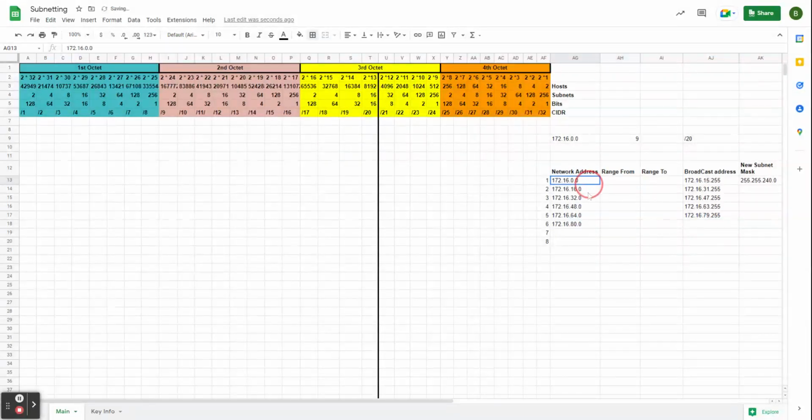Our range, again, let's just copy these in. First one, that's dot one. Next one, this one is 15.254.